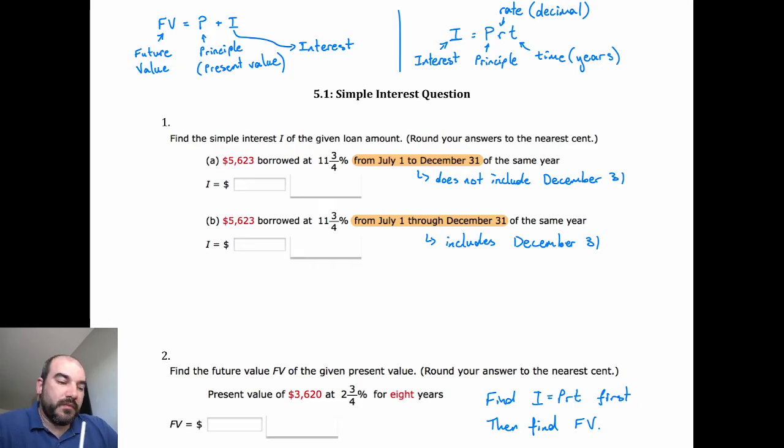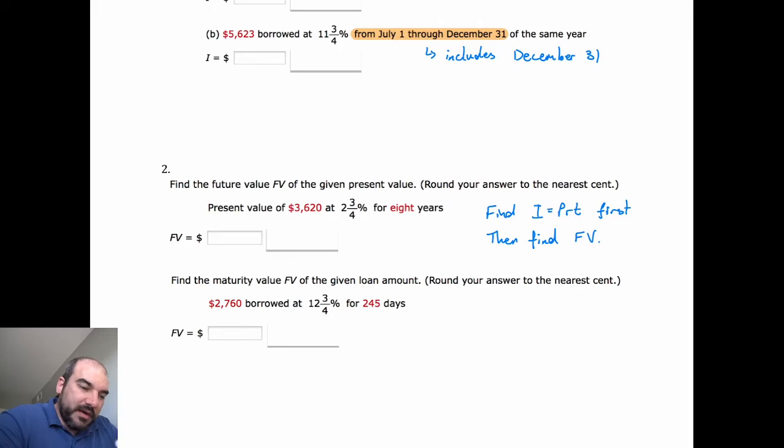Yeah, for 1A and B, will we have to convert the days to a year? You will. It's less than a year, so it's going to be some fraction of a year, and you need to figure out what fraction that is. For example, in the second one here, if I had 245 days and I want to convert 245 days to years, how would I do that?